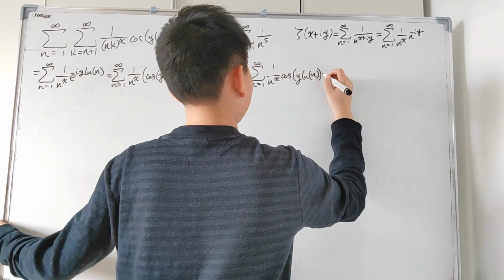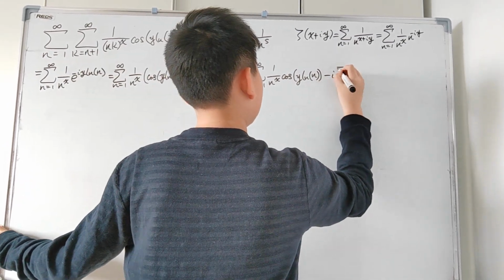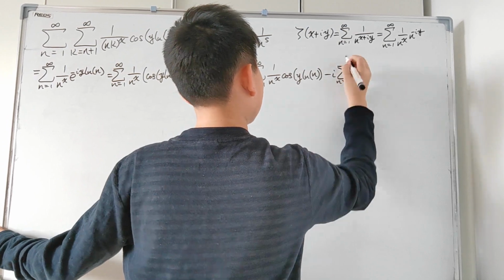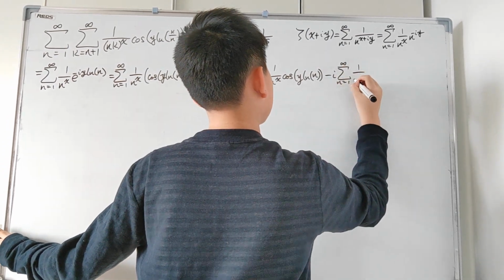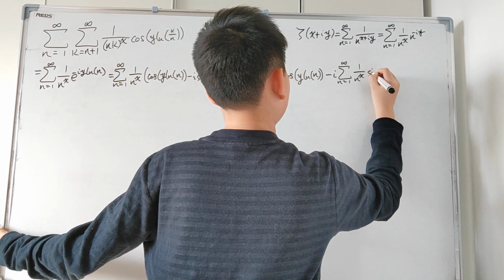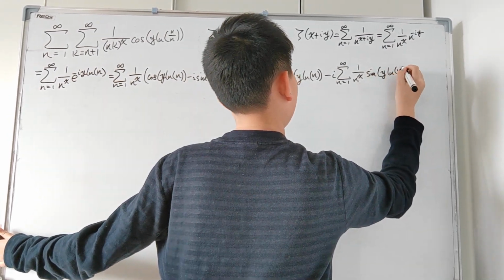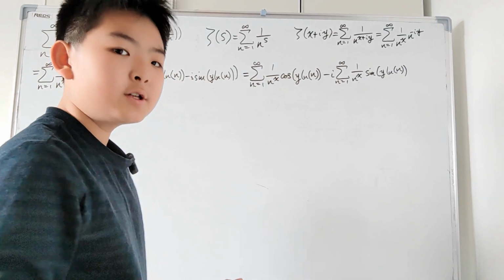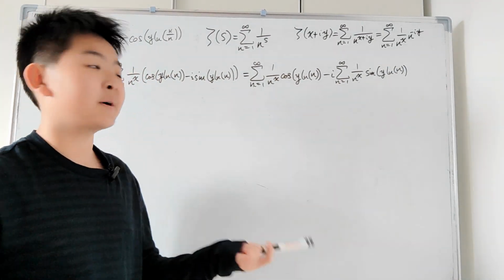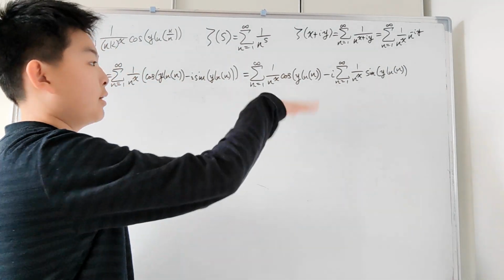And this is going to be minus i times a sum, n equals 1 to infinity, of 1 over n to the x times the sine of y natural log of n. So this is how you express the Riemann zeta function in terms of rectangular coordinates.